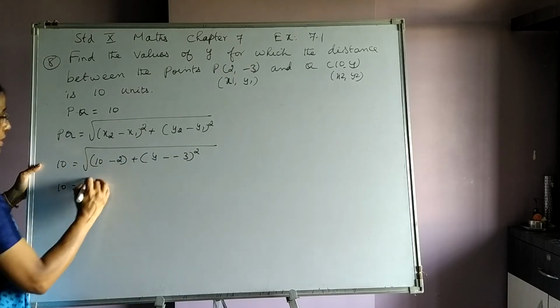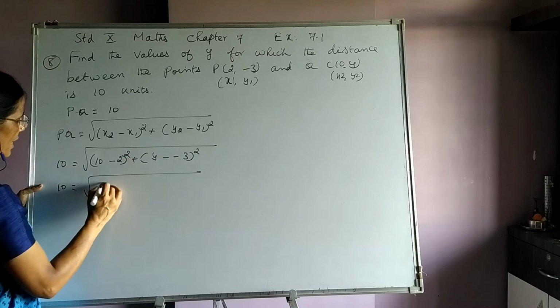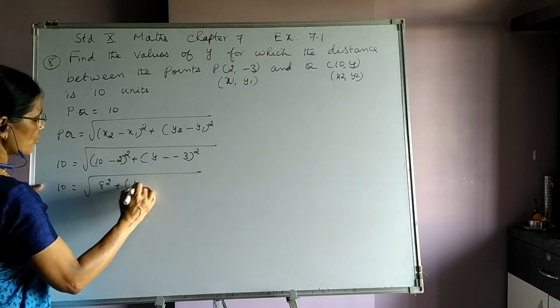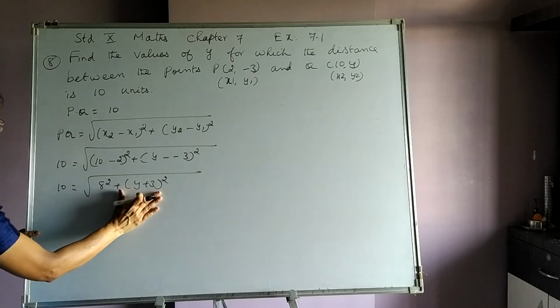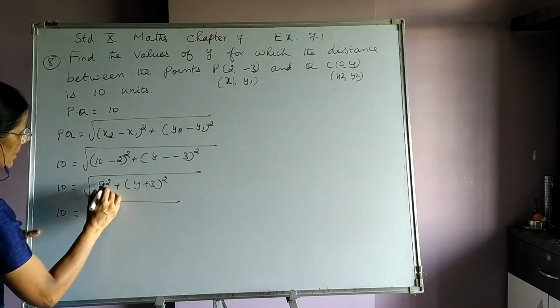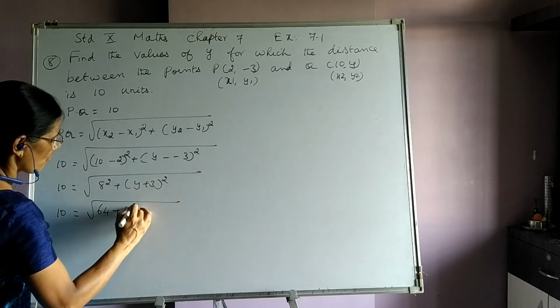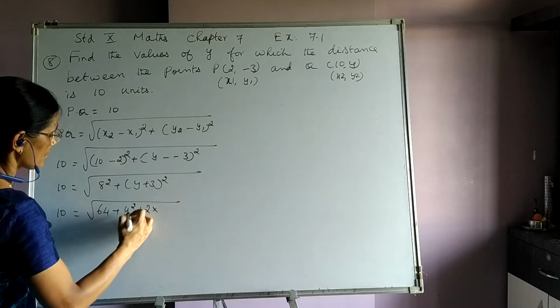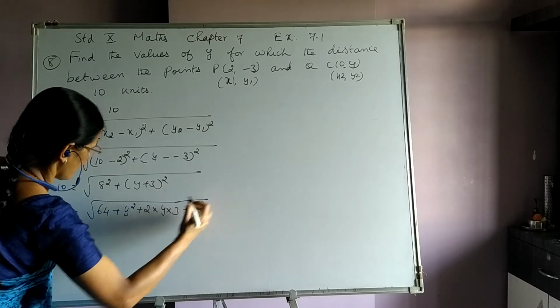So 10 equal to root of (10 minus 2) the whole square, which is 8 square, plus (y plus 3) the whole square. To remove the root, we are going to take square on both sides. Before that, let us write 8 square is 64, and (a plus b) the whole square is a square plus 2ab plus b square.